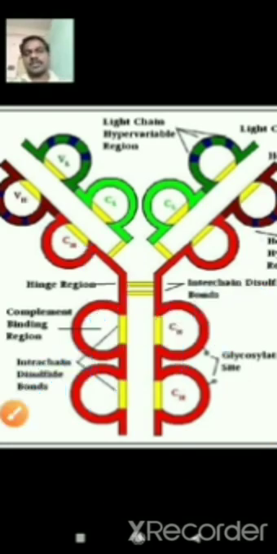So this is the variable and constant regions in light chains and heavy chains.